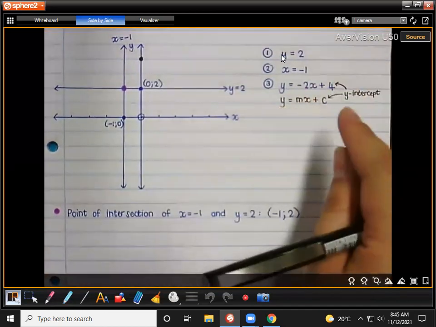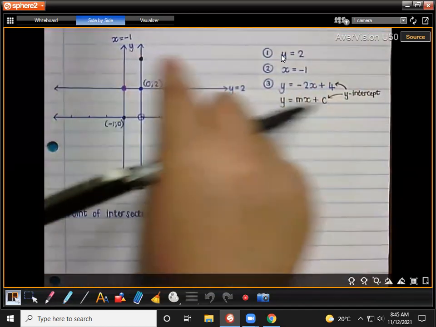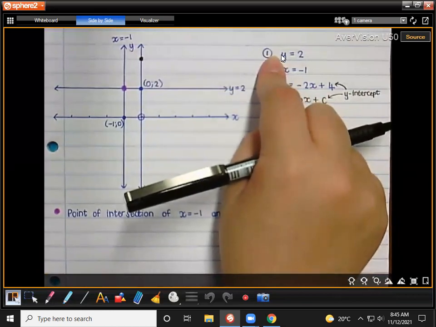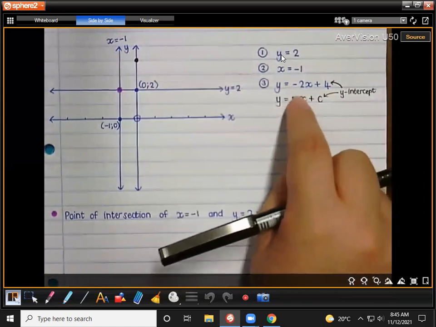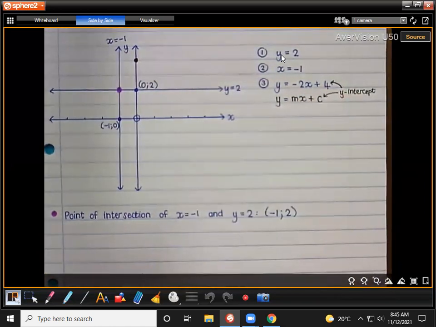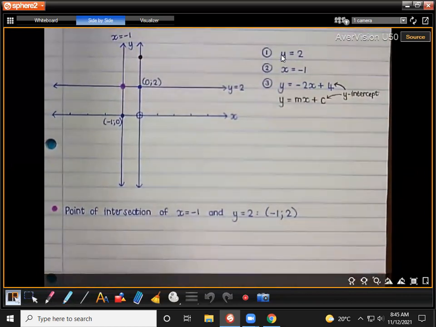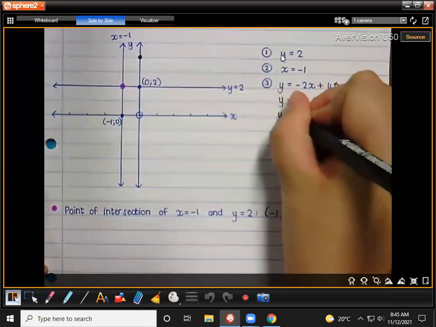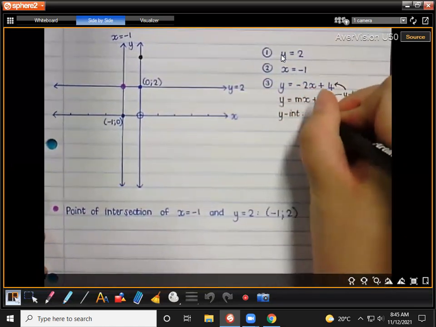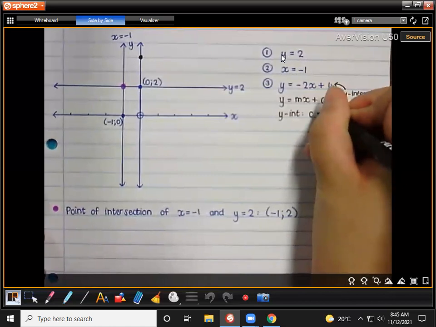But guys, because there's an x in this equation, I can't just draw it like that. If the equation was y equals 4, then it would look like that. But it's y equals negative 2x plus 4. So once you have your y-intercept, you also have to find your x-intercept. I'm going to write at the bottom: the y-intercept is your c value, which is 4.